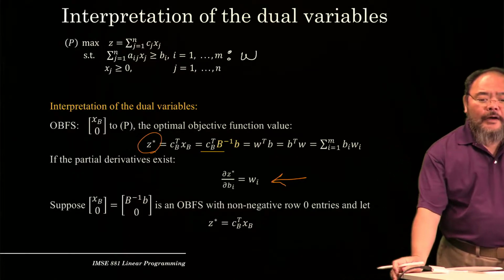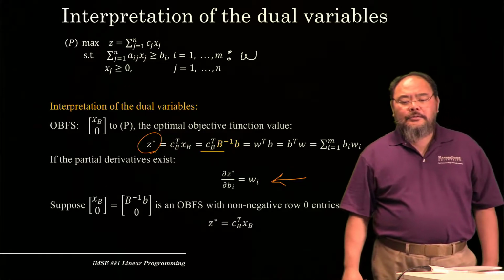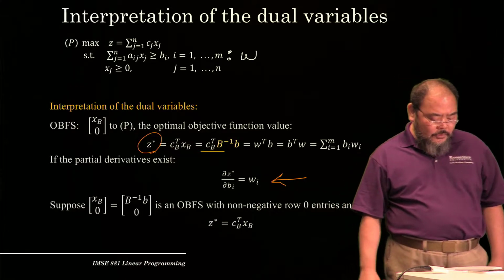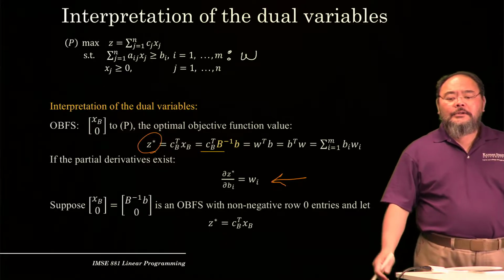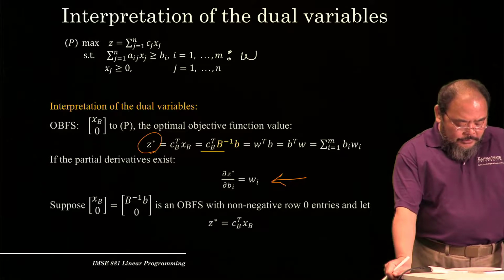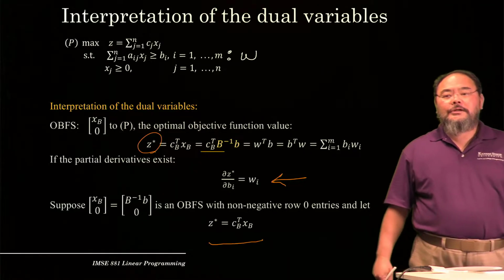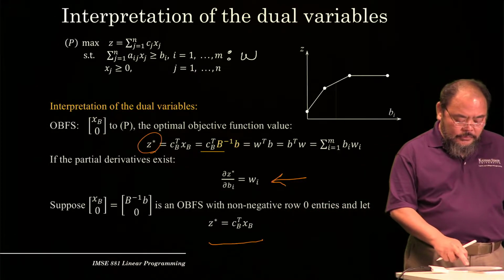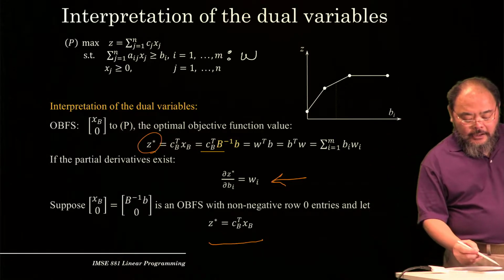Also, we know XB currently is the optimal basic feasible solution with a non-negative row 0. This is for a maximization problem, so it is a non-negative row 0 entry, and z star equals the current objective function, CB transpose times XB. This is the drawing I have.